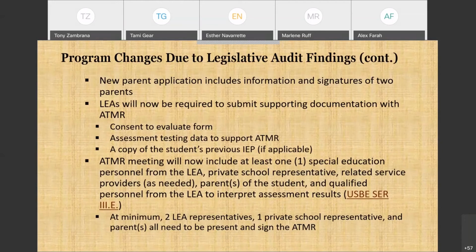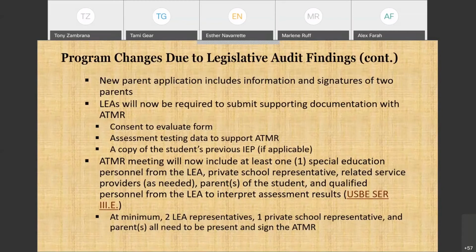It really is submitted with the ATMR, but the district needs to provide that with the ATMR for the private school to submit. Does that sound correct? I think Esther would know who actually submits that. Well, I usually get the ATMRs, the renewals usually come from the private schools.